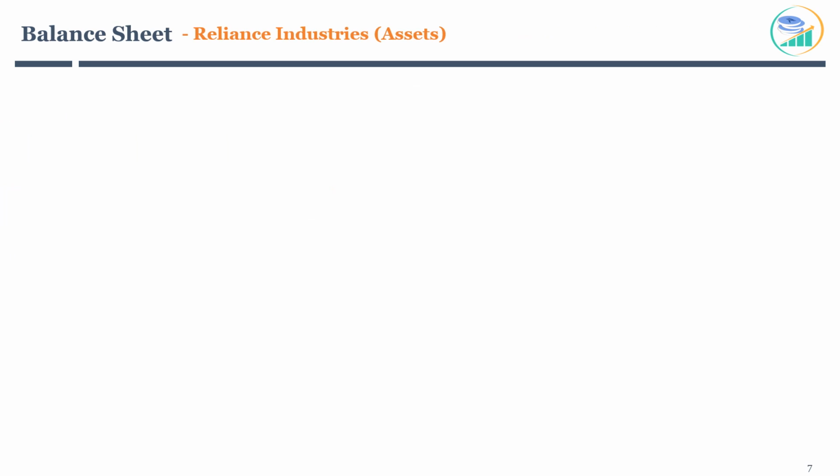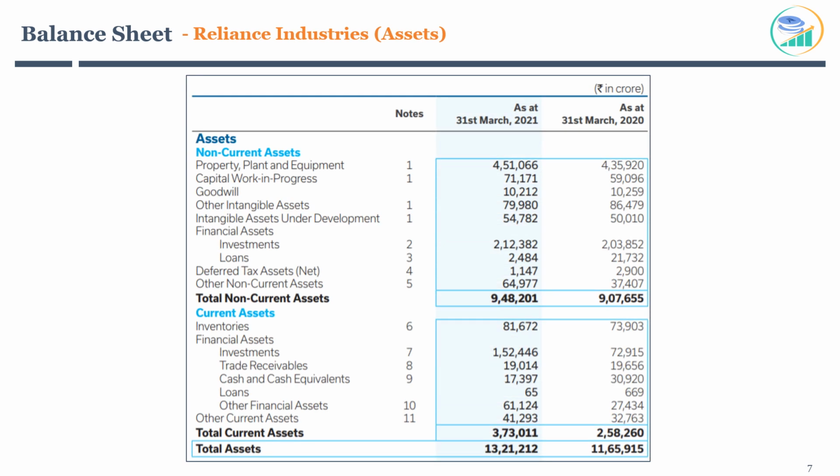I hope by this time, you developed good understanding of balance sheet. Let's re-look at balance sheet in its entirety. First, I will summarize details from previous session. In previous session I explained assets side of balance sheet. Assets side of balance sheet displays all the assets the company owns. Assets are of 2 types. Non-current assets.